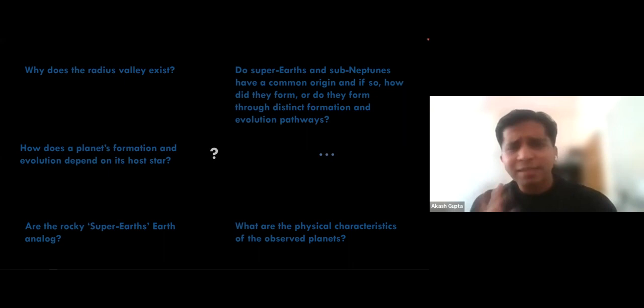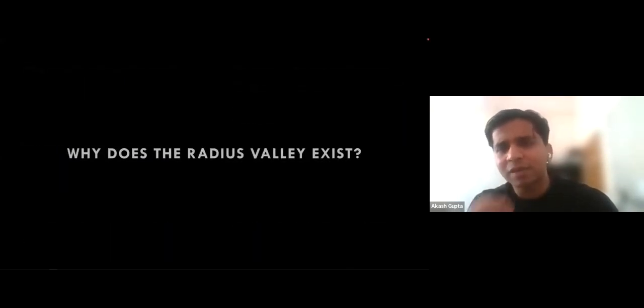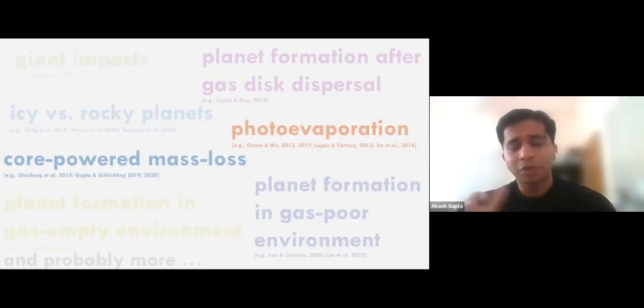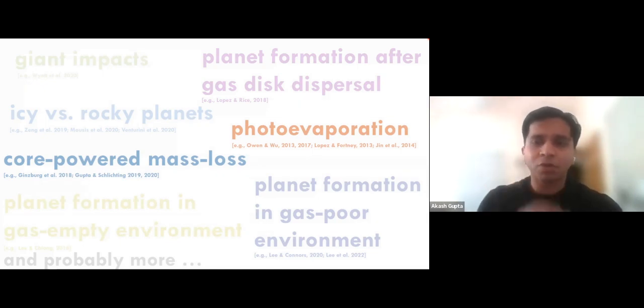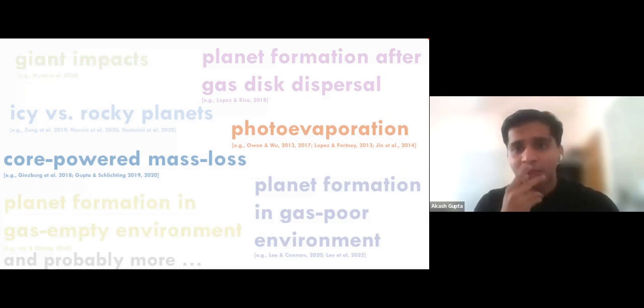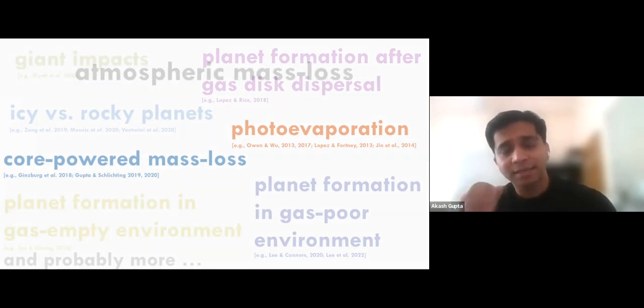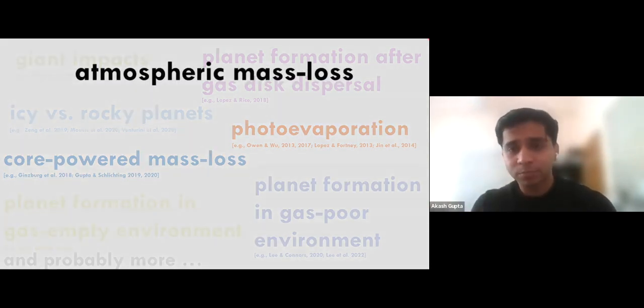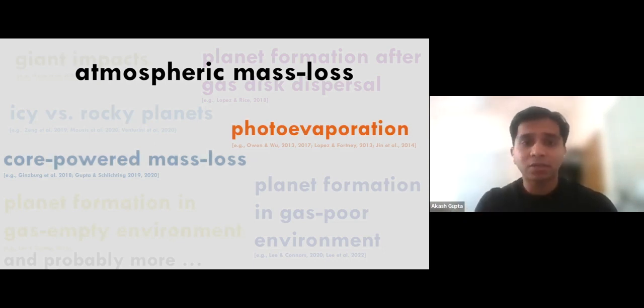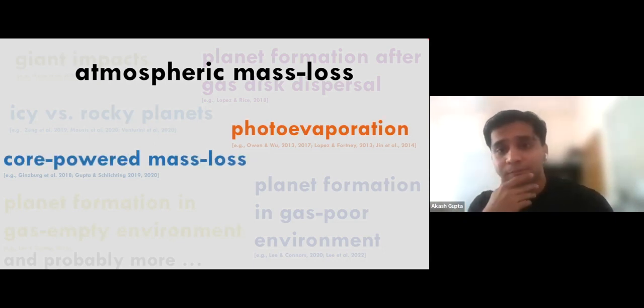To figure this out, let us start with the very first question: why does the Radius Valley exist? Numerous theories have been proposed to explain these observations, but only a few can explain a multitude of the Radius Valley observations. The leading idea today is that atmospheric mass loss, driven by photoevaporation or core-powered mass loss, can explain these observations.